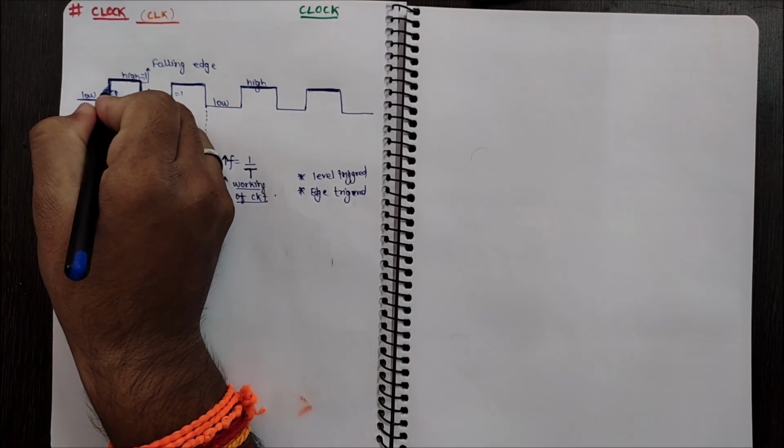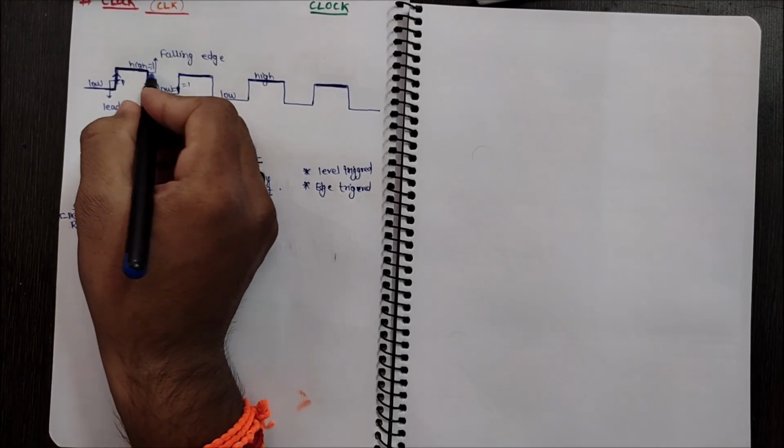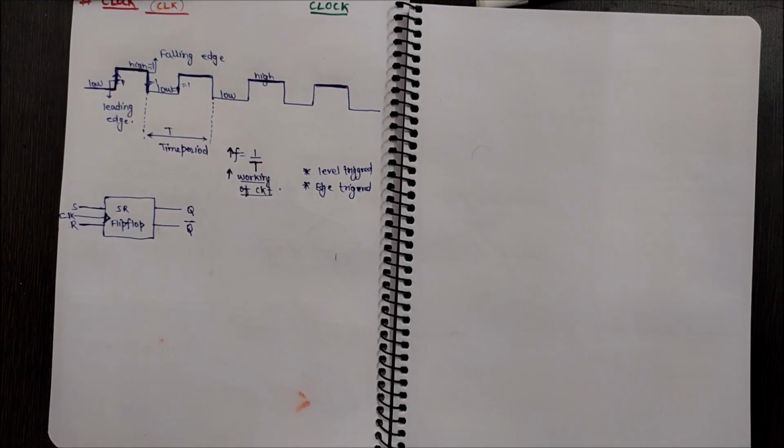As the signal goes up, this is called the leading edge, and as it comes down, it is called the falling edge.